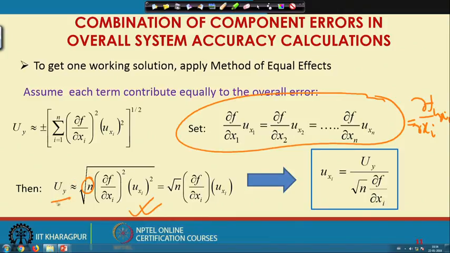So, value of u y is simply this. From here, it is possible to compute u x i, the individual uncertainty. So, u x i is u y divided by this term, which is this.